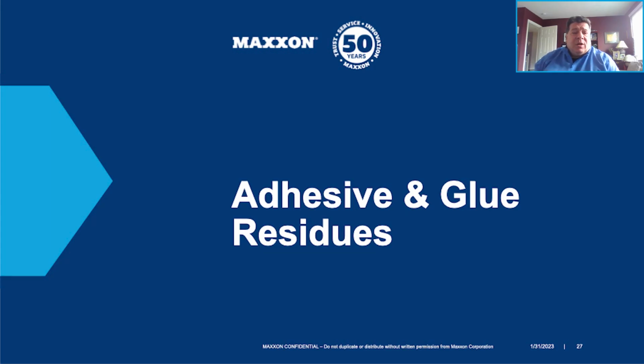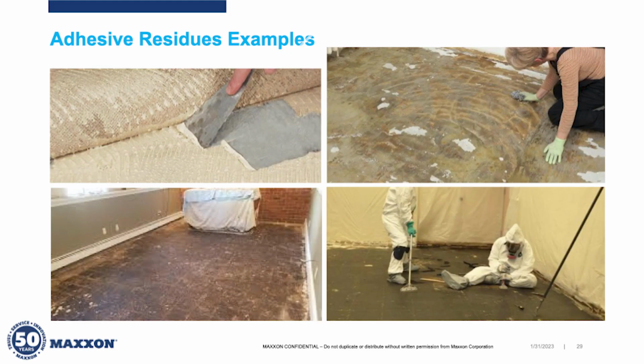So the next section I want to talk about is with regards to excessive adhesive and glue residues. Basically, when a space goes under renovation and old floor covering is removed, it could expose a lot of different adhesives, asbestos-related adhesives. But the real nemesis here is what we refer to as PSAs, or pressure-sensitive adhesives.